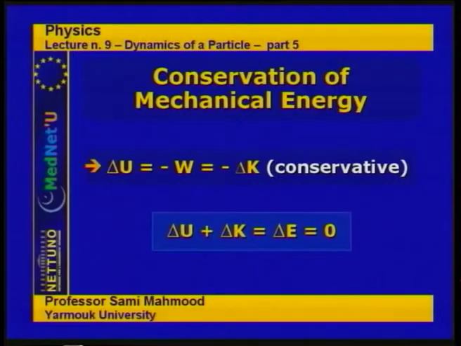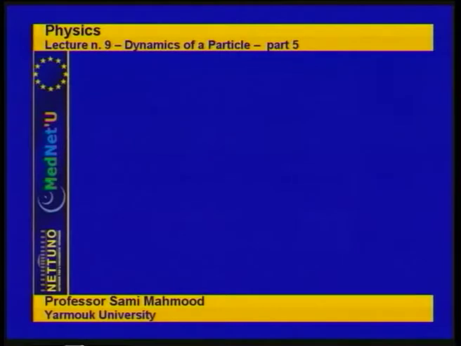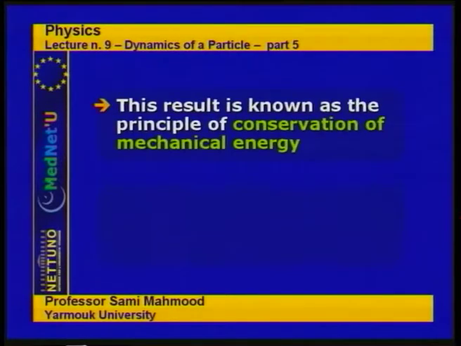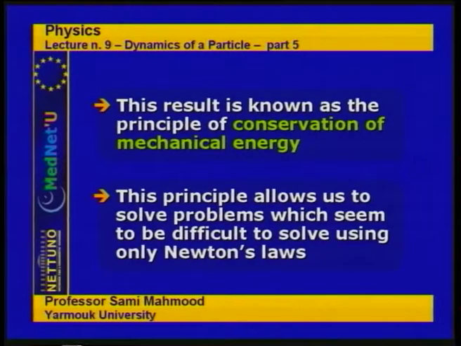And in this case, if we have a conservative force acting on the system, then from this previous relation, we get delta U plus delta K, which is equal to the change in total mechanical energy, is equal to 0. This result or this statement is known as the principle of conservation of mechanical energy.